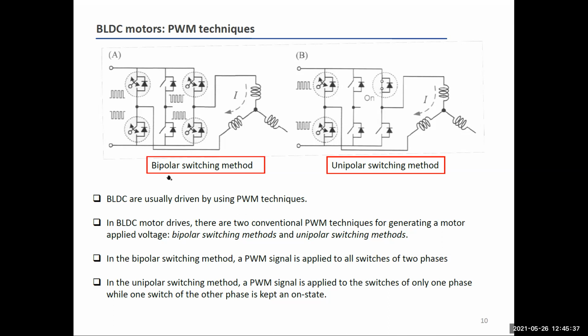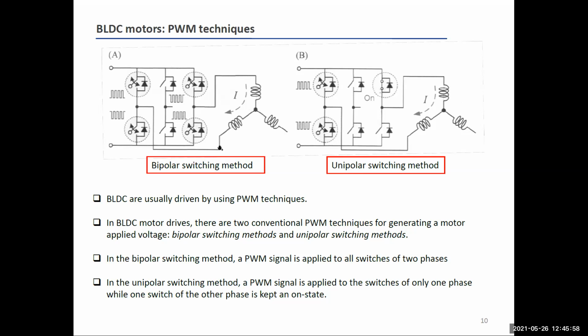So you have this situation on the right in which you can see the three-phase inverter, and then the schematization of the three phases of the BLDC motor. The situation here is the one in which the B phase is left open.